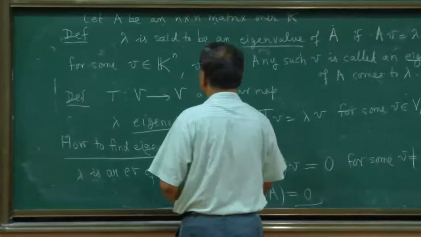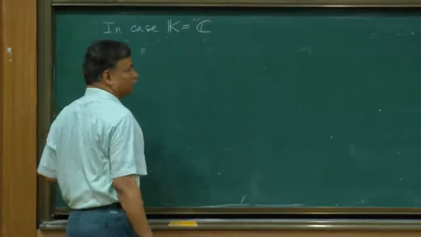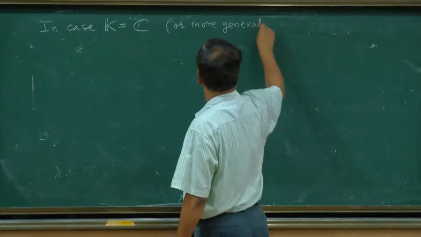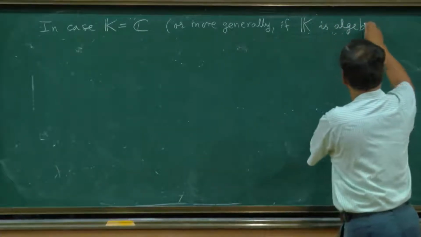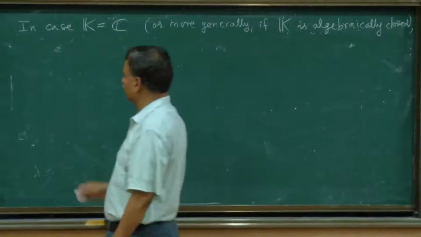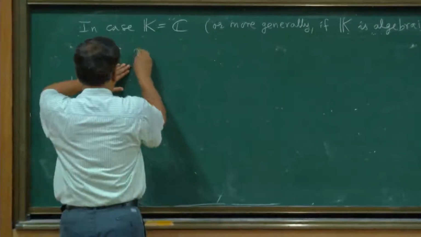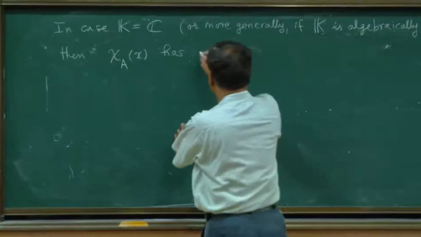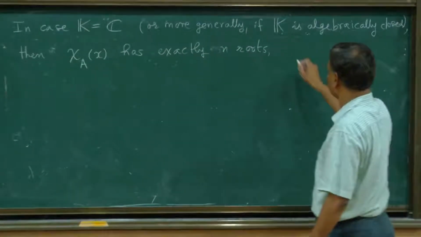In the special case where the field is the field of complex numbers, or more generally, for those of you who know what that means, if K is algebraically closed, then chi A of x has not just at most n but exactly n roots, provided we count the roots properly, with multiplicities.